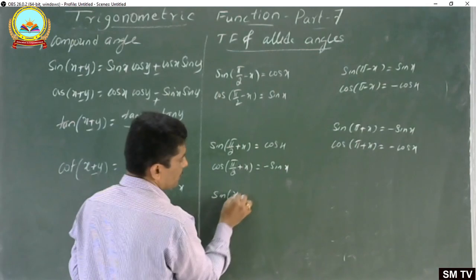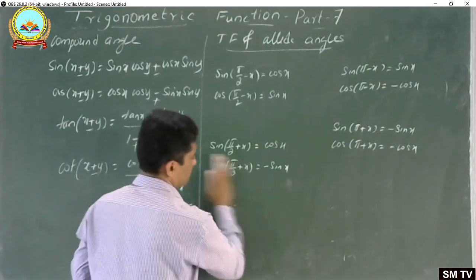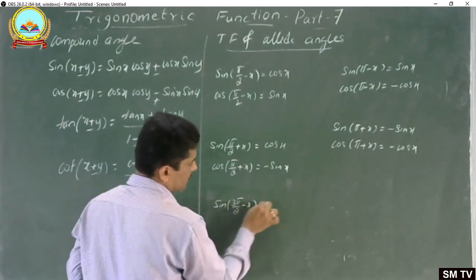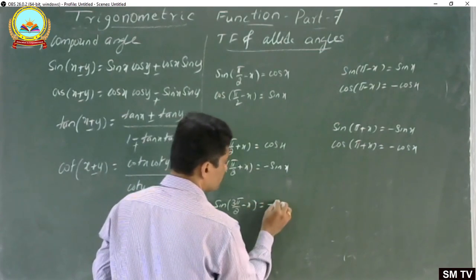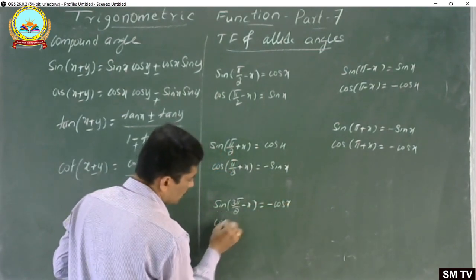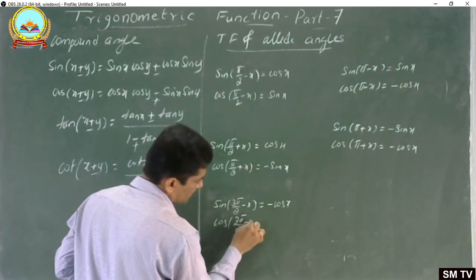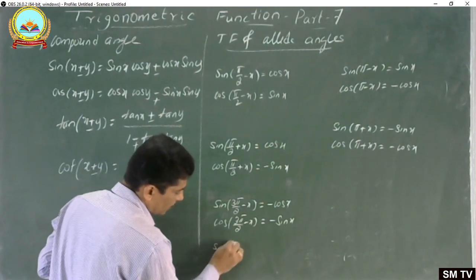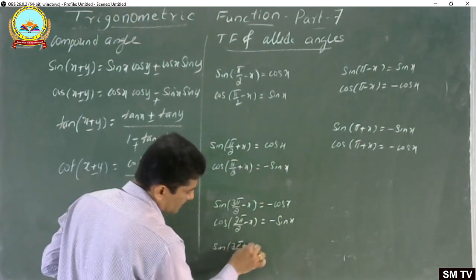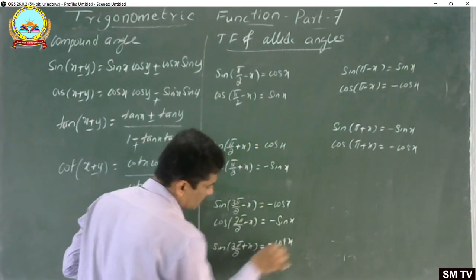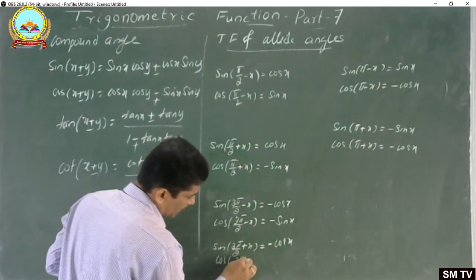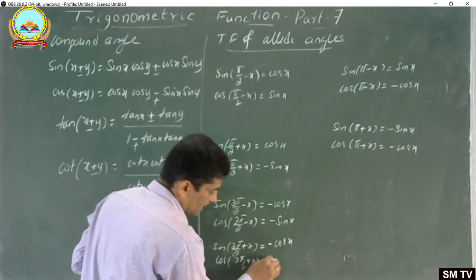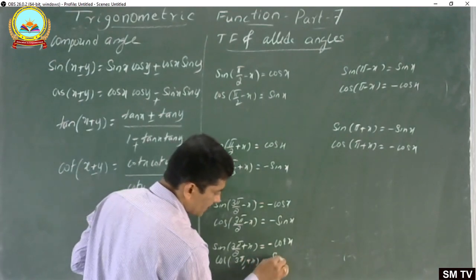Sine of 3 pi by 2 minus x is equal to minus cos x. Cos of 3 pi by 2 minus x is equal to minus sin x. Sine of 3 pi by 2 plus x is minus cos x. Cos of 3 pi by 2 plus x is equal to plus sin x.